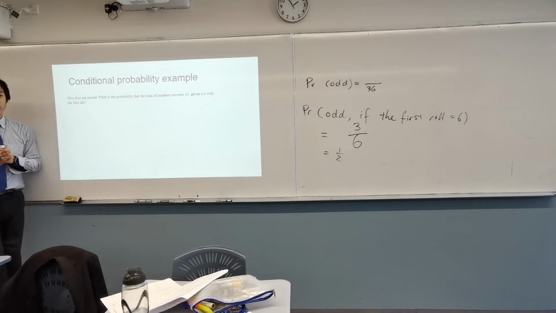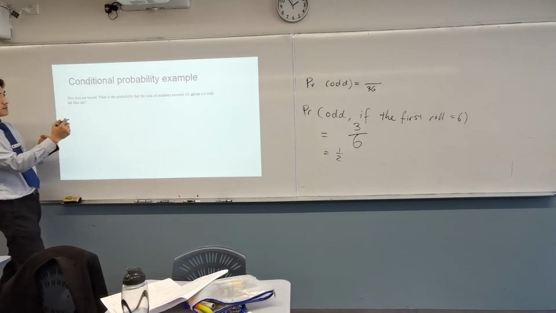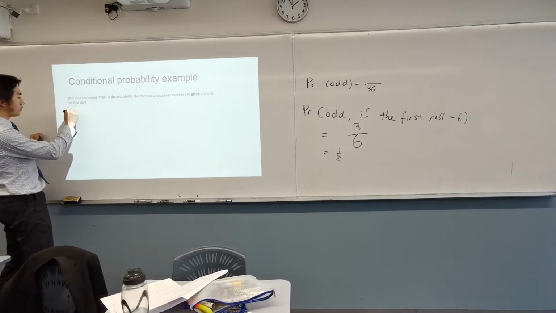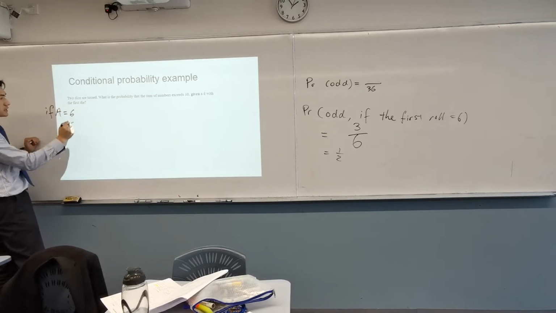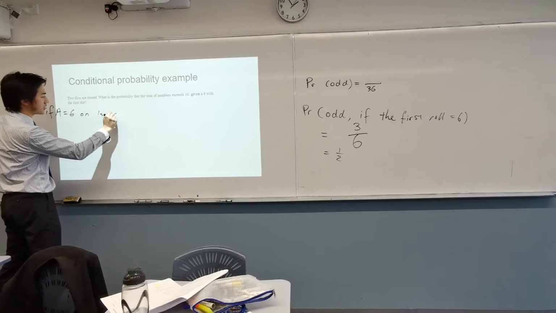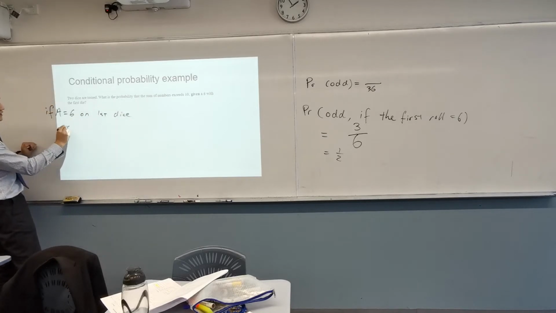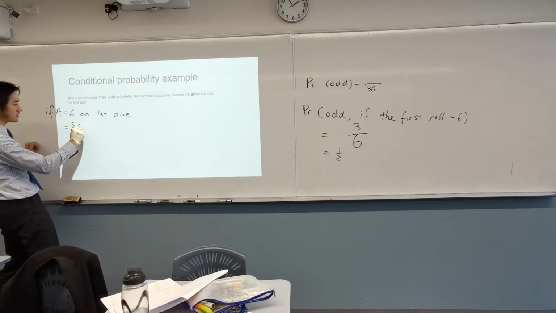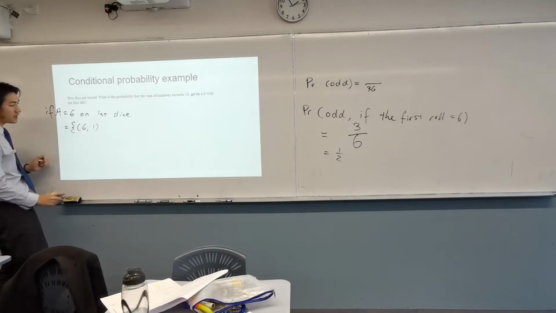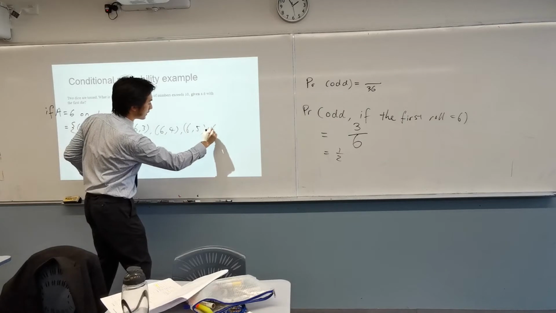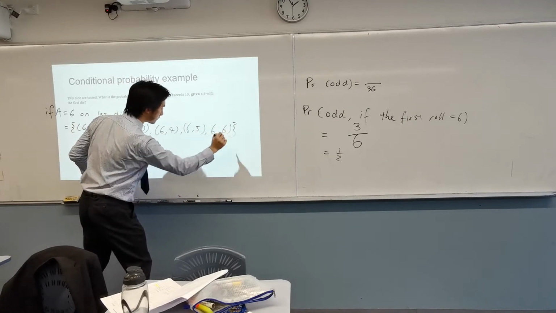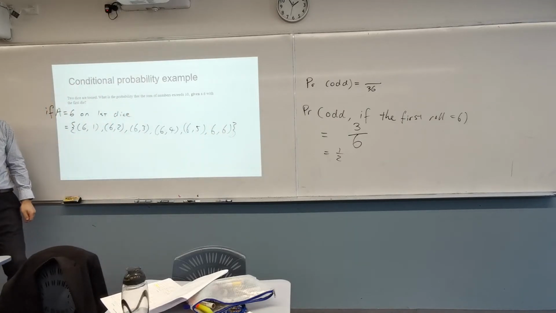So one way we can list out the outcomes is just to write it out. If event A is 6 on first die, as a set, I can write it as 6, then 1. That means getting a 6 on the first die and 1 on the second. Then 6 and 6. Close it up with set brackets.